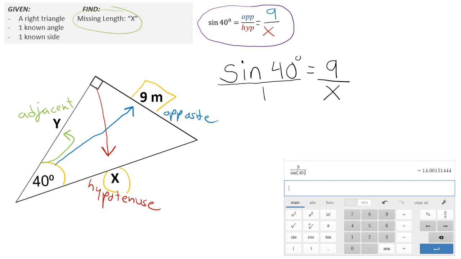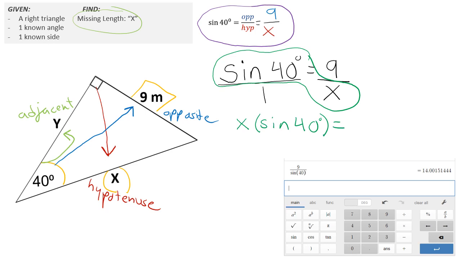So I'm going to use some cross multiplication here. And let's see what this gives us. So x times the sine of 40 equals, do a little cross multiplication, 9 times 1 is of course 9.